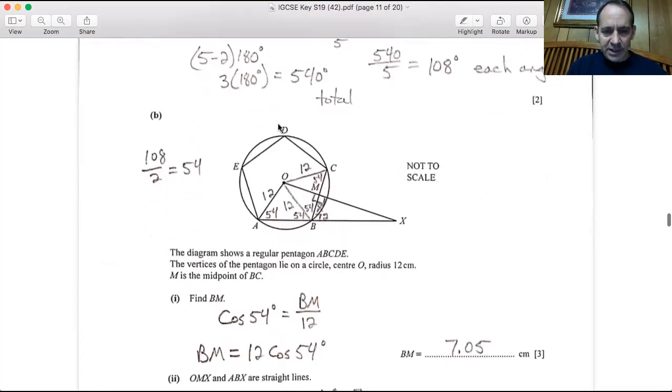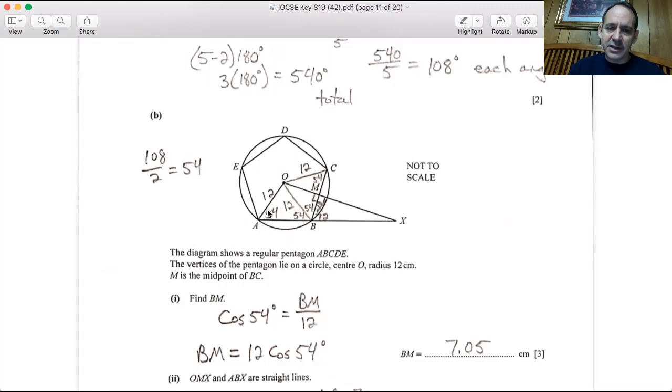Then we move down here. Here's our regular pentagon in a circle. And so if we draw little radii from each vertex to the center, then we divide 108 by 2 to get 54 for each of these corners there because the radii are equal length.